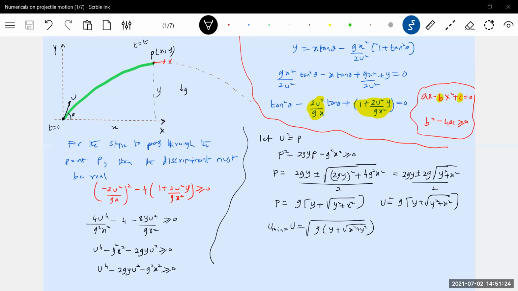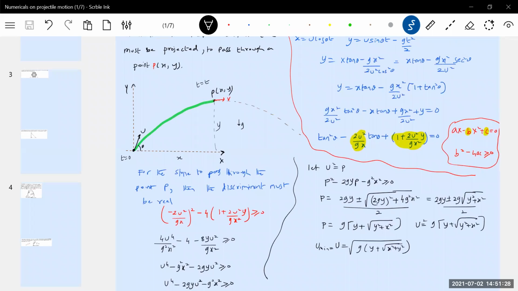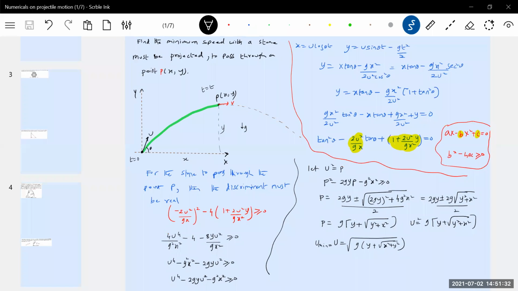This is very important, more than the derivation. So I request everyone to remember this particular formula. It is similar to range. How we had an expression for range, no? This is also one of the very important conditions for us.